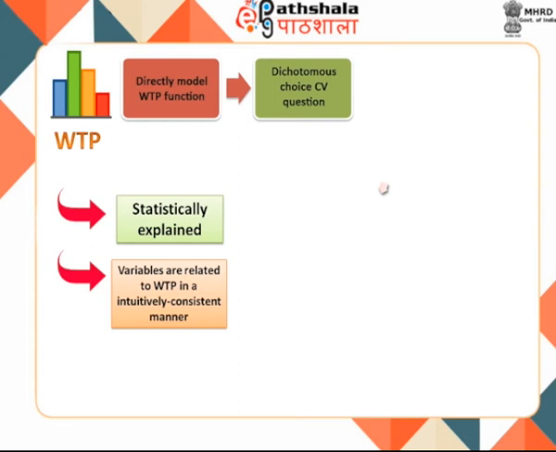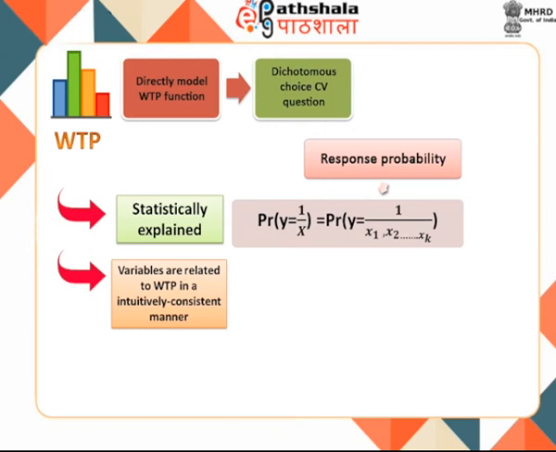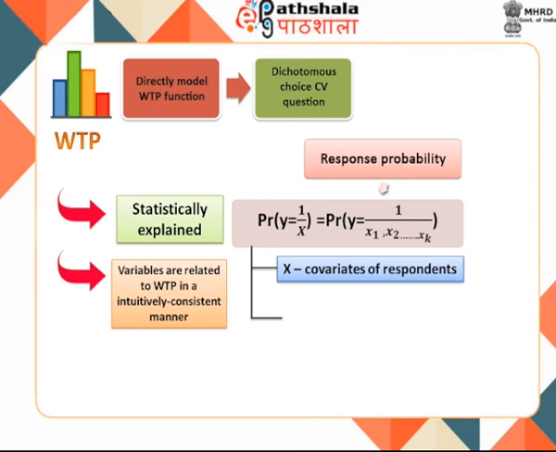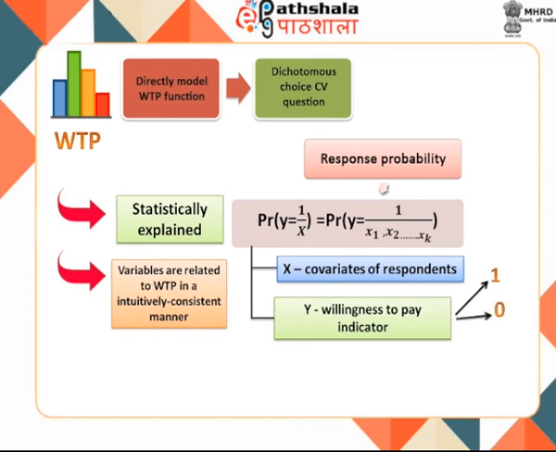The interest in such binary response models arises primarily because the response probability is given by Pr(y = 1 | x) = Pr(y = 1 | x1, x2, ..., xk), where x denotes the full set of explanatory variables, that is the covariates of respondents in this study, and y is the willingness to pay indicator which takes value 1 if the respondent's choice is yes to the referendum question and 0 otherwise.